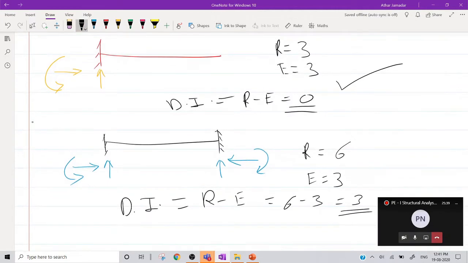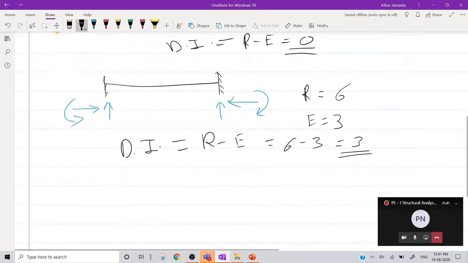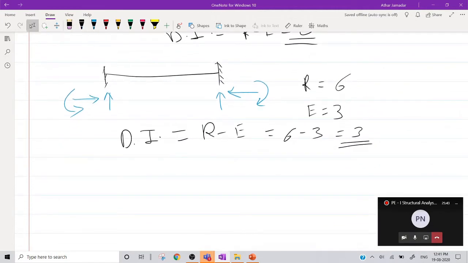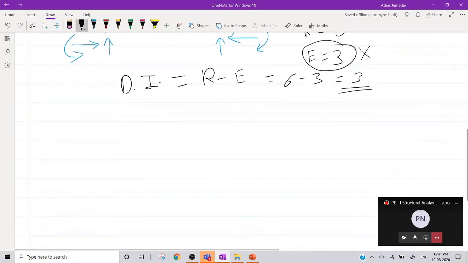But whenever your structure becomes indeterminate, that means whenever this di value is greater than 0, then we cannot analyze this structure by using these 3 conditions of equilibrium. So we call this structure an indeterminate structure. Okay, so this is a very small introduction about determinate and indeterminate structures.